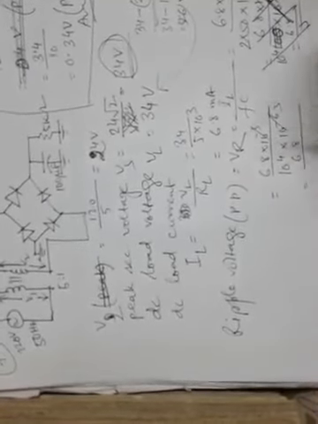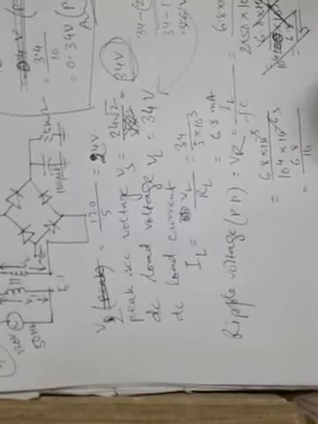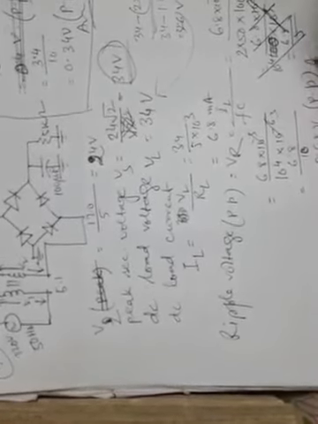So it is minus 3. So it should be 6.8 divided by 10. So that means it is 0.68 volt peak to peak. So this is the answer in this case.